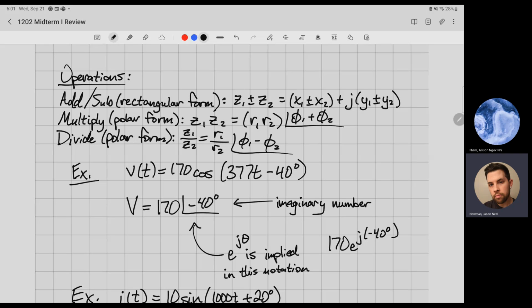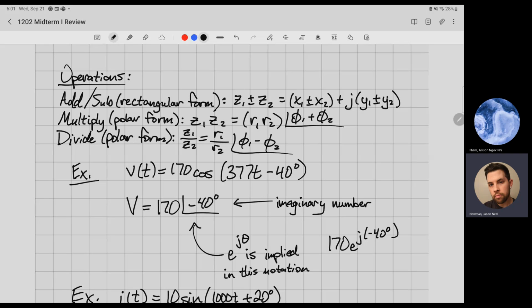So basically that's just saying you can simply add or subtract them together. If you were to multiply or divide, you can't do it in rectangular form. You have to convert it to polar form.